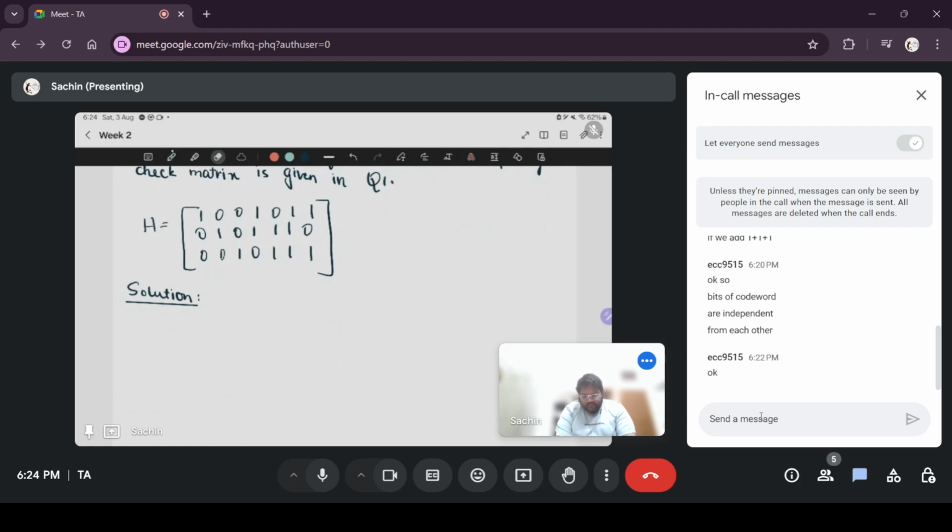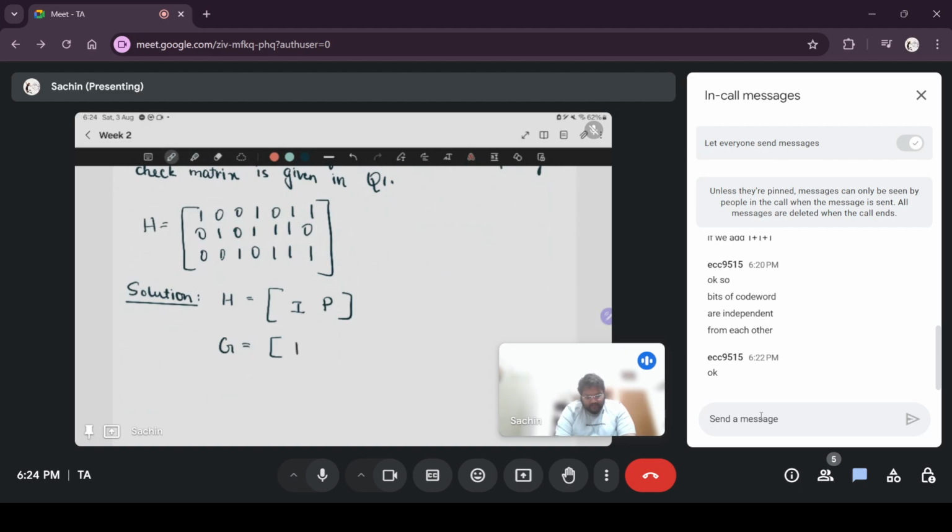And for that, you first need the code words. And the way you get the code words here, they have given you the parity check matrix. If you observe this, this is of the form IP. It's in systematic form. So from that, you can directly write your generator matrix.